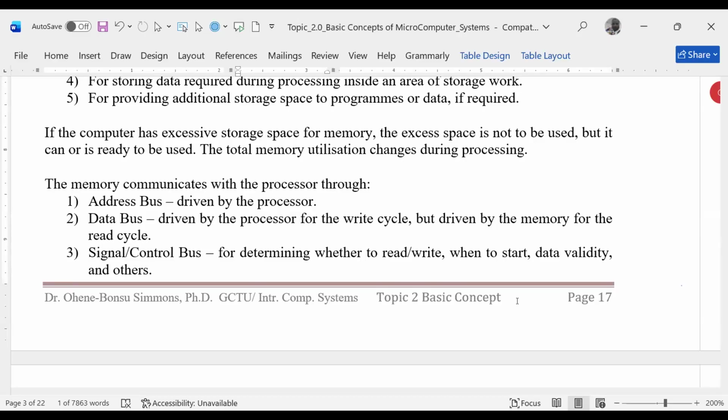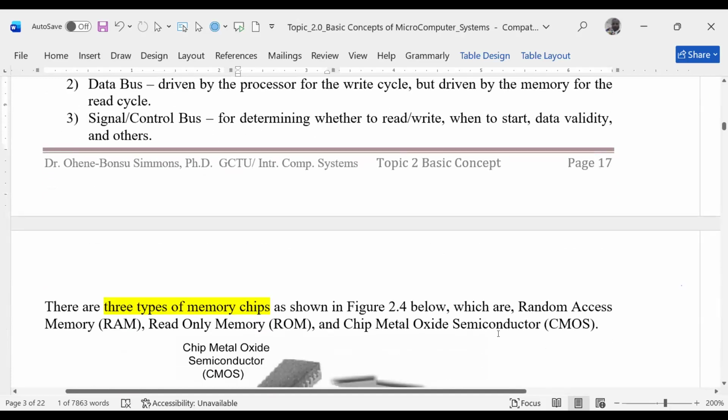Memory uses it to read, and the processor uses it to write. Data bus is where the processor writes something and memory reads something, signal, data, instructions, or whatever. Then control or signal: this type of lane or bus determines whether the system must read or write, when to start, data validity, etc. Signal control determines which one must write, which one must read. So these are the 3 types of buses in computing.